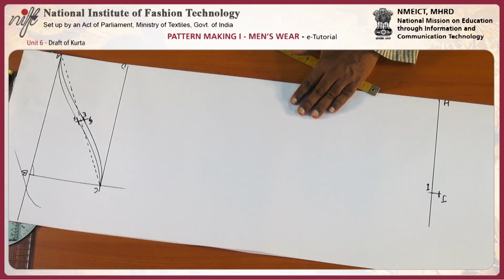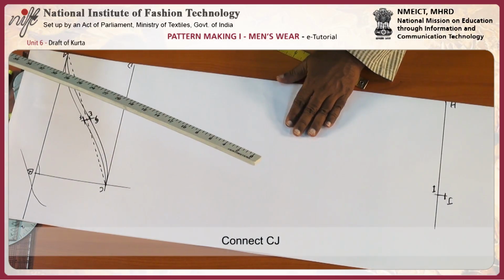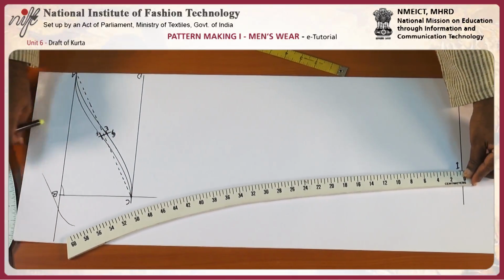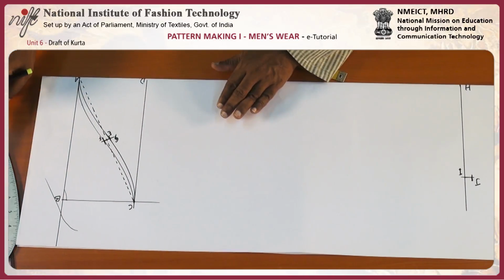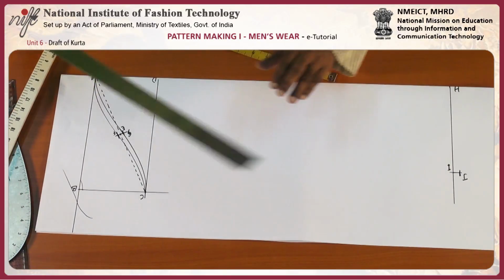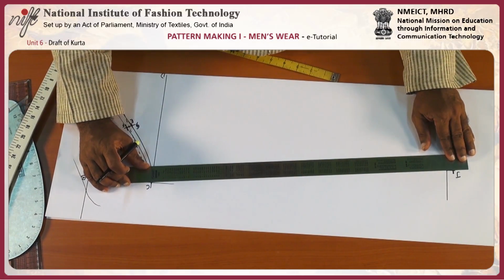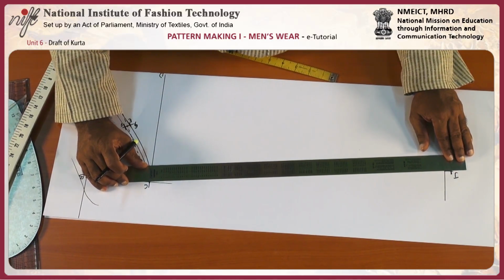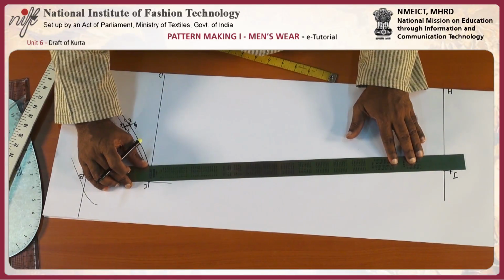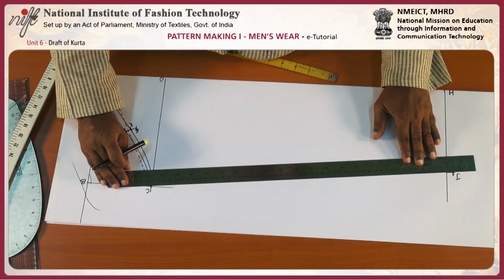From J, you can connect C and J using hip curve or straight curve. If you need a curved shape, yes, you can use a hip curve, and preferably not a slighter curve, not a deep curve. Here I am giving straight line, that is underarm.